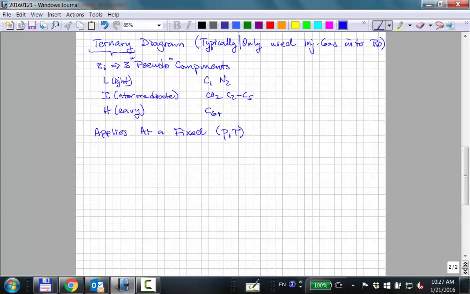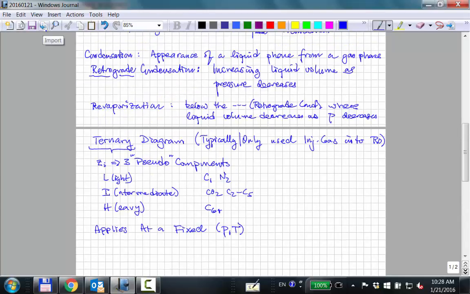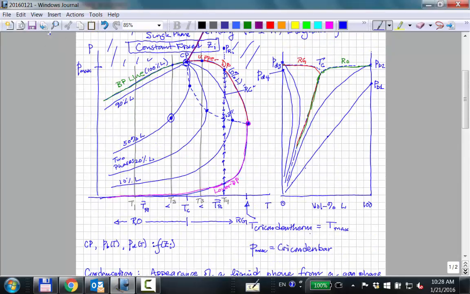And so this mixture is actually, if we looked at the volume inside some kind of container, you'd have vapor and liquid, or gas and oil, as you want to call it. And the composition of the gas we would call Yi, and the composition of oil would be Xi.